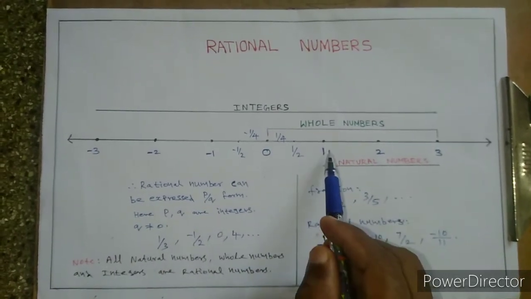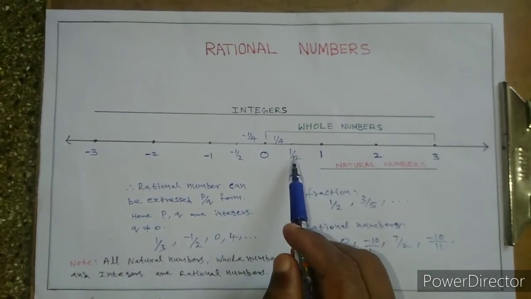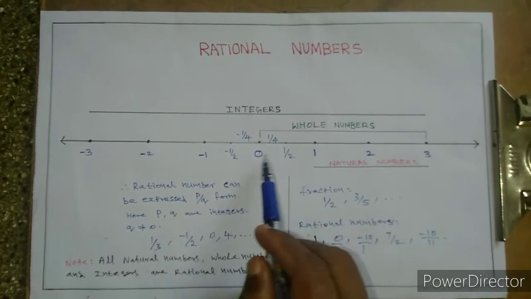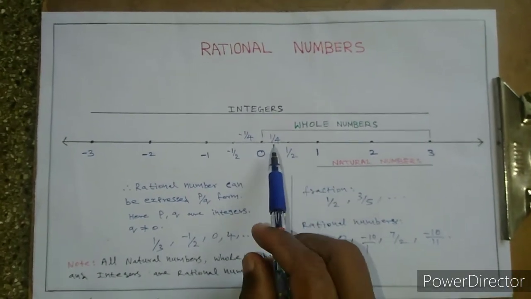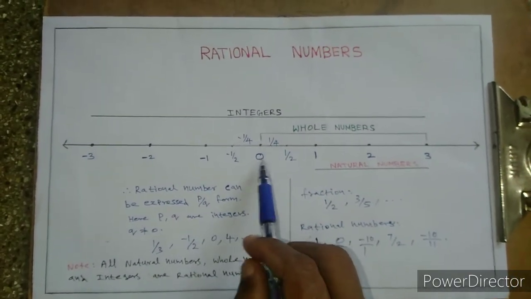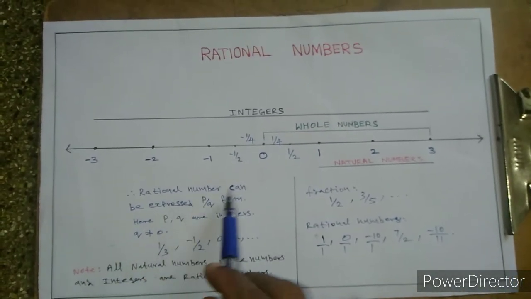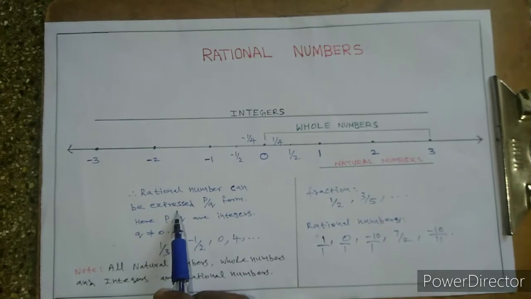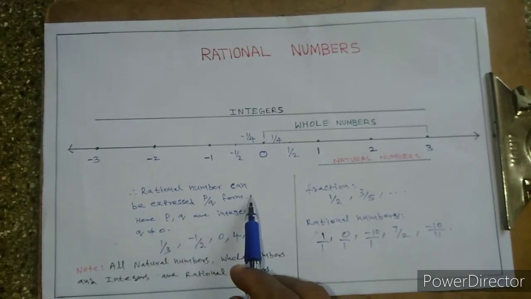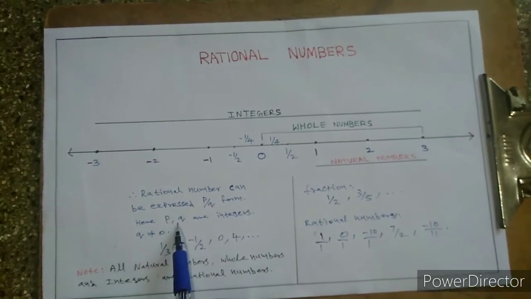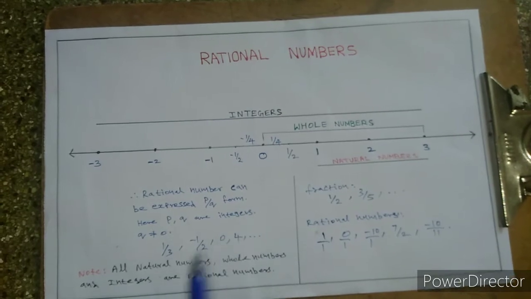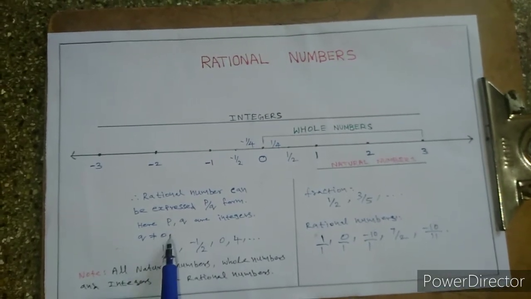1 by 2 lies between 0 and 1. The 1 by 4 lies between 0 and 1 by 2. Therefore, a rational number can be expressed in P by Q form. Here P, Q are integers, Q not equal to 0.